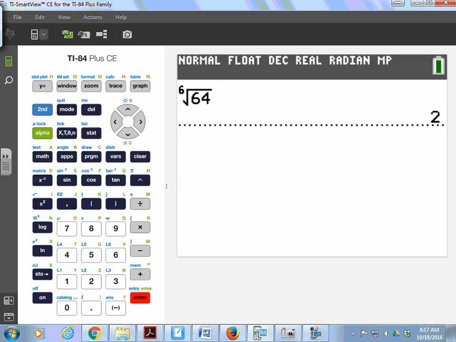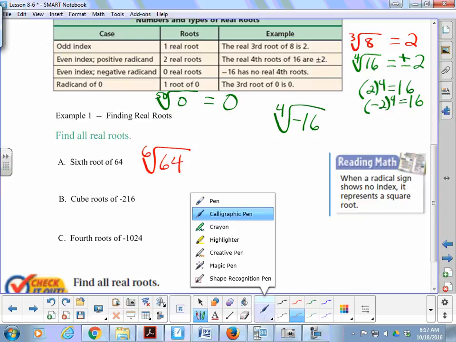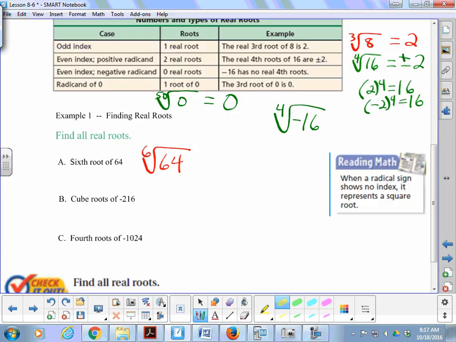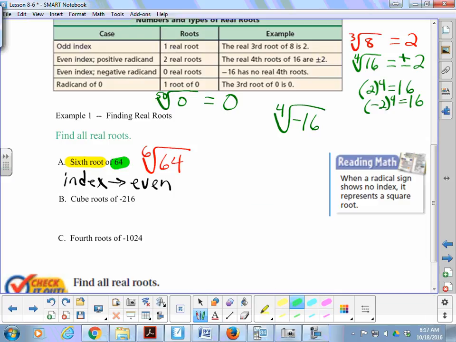So, 2 things we have to look at. It says the sixth root, that is our index, and in this case that means the index is even. And it says of 64, so that means our radicand is positive.